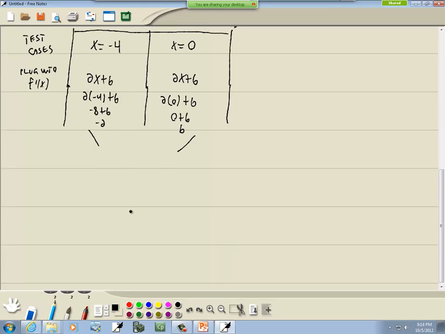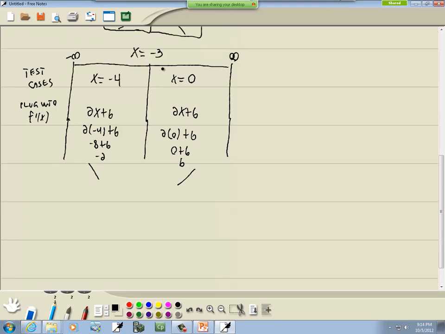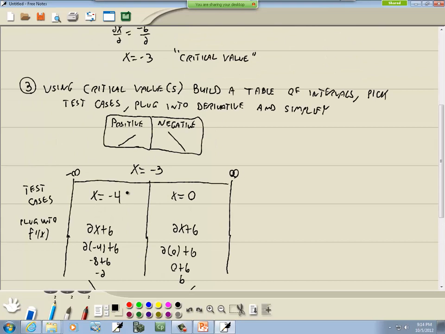Now, we already set up above that our relative extrema, relative mins, relative maxes, is where it changes from increasing to decreasing. So assuming the graph exists at negative 3, which it does in this case, see how this is decreasing and then it changes over to increasing. So this right here is going to be a relative min. Well, so we got a relative min at x equals negative 3.